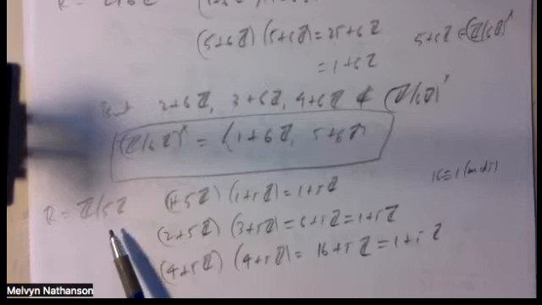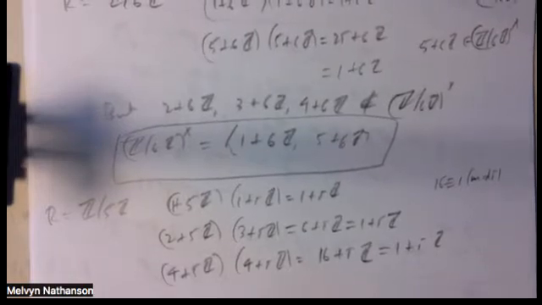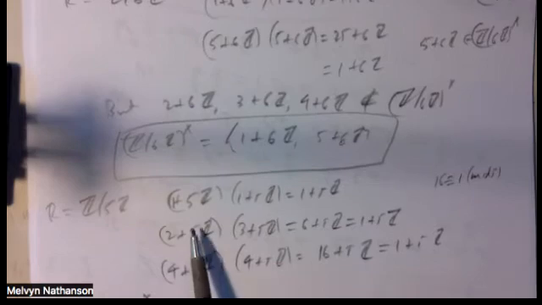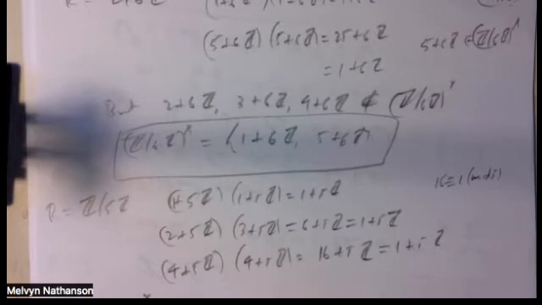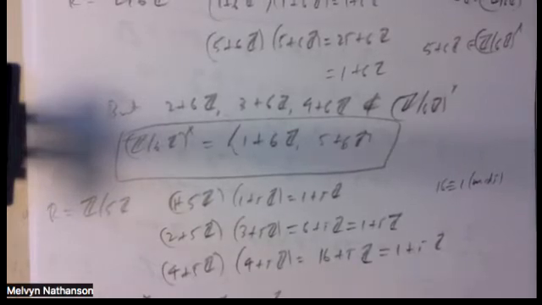So in the ring of congruence classes mod 5, the group of units is all the non-zero congruence classes: 1 plus 5Z, 2 plus 5Z, 3 plus 5Z, 4 plus 5Z.